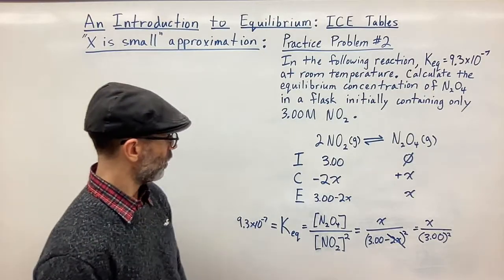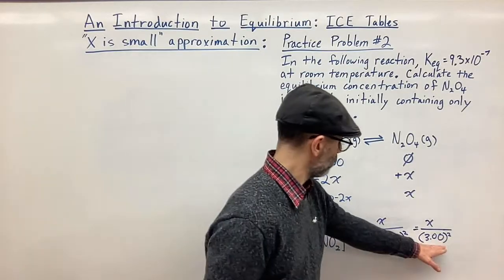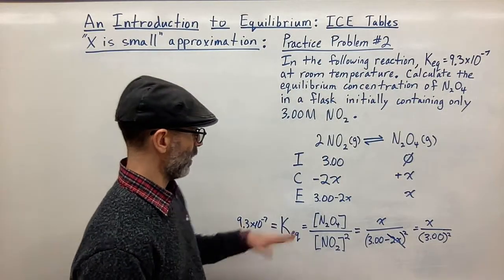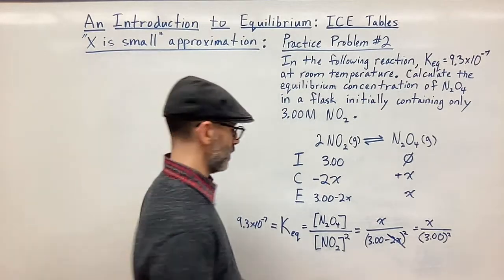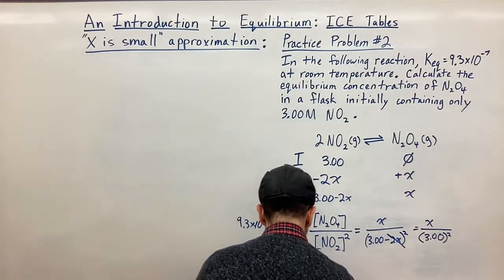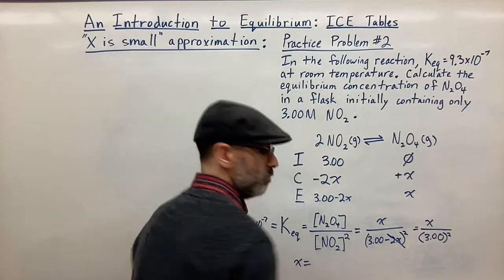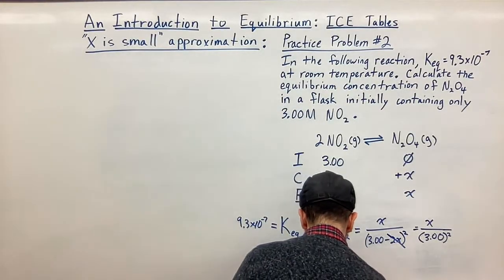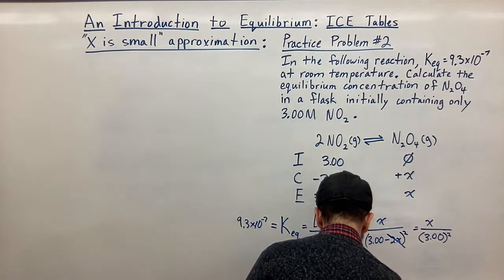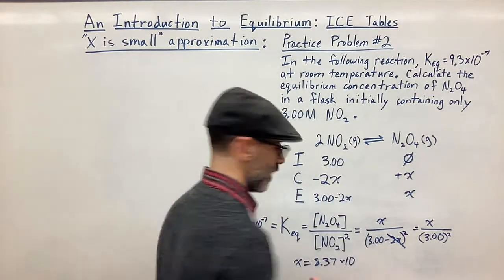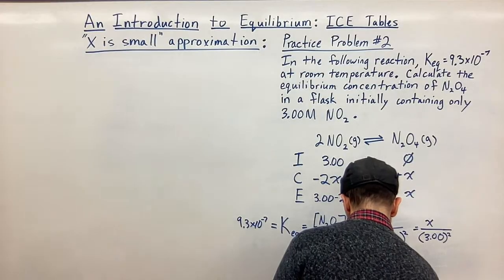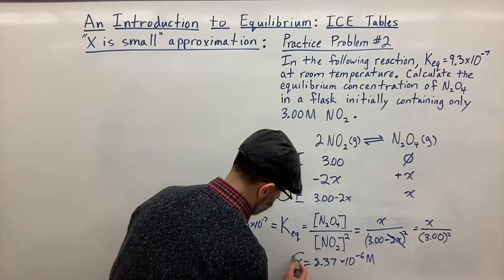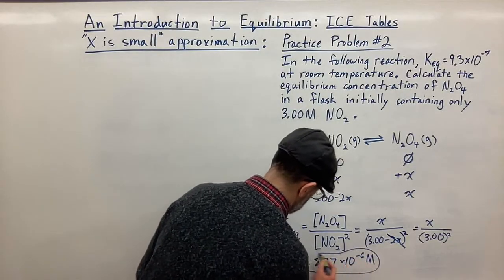So now all I need to do is multiply both sides by 3 squared, which is 9, and then I'll get my X. In this case, X is going to be equal to 8.37 times 10 to the negative 6 molar. So that's my X value.